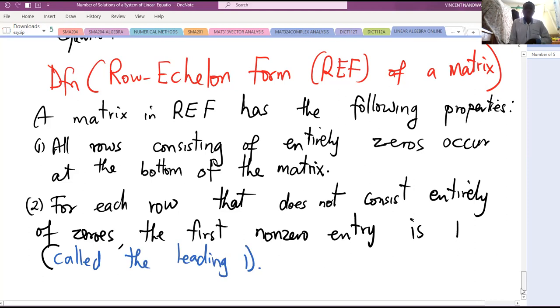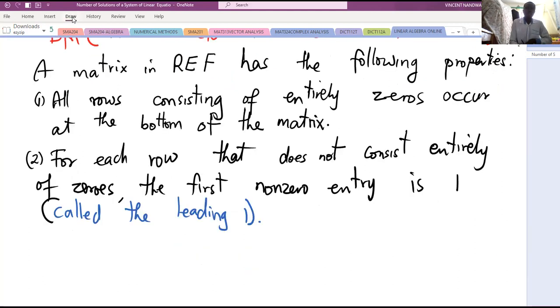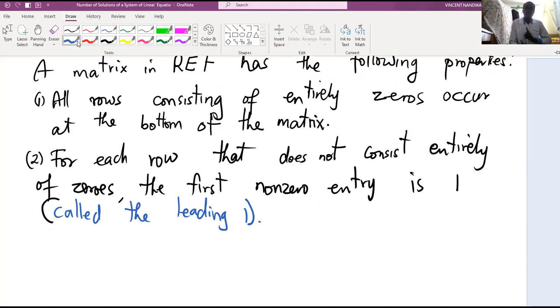So if there's any row that doesn't have all elements equal to 0, then the first non-zero entry must be 1, called the leading one.